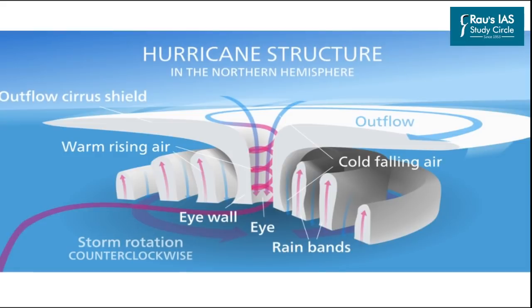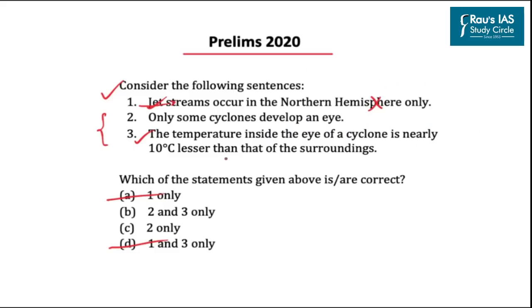And so the eye temperature may be 10 degrees Celsius warmer or even more as compared to the rest of the area of the cyclone. And so statement 3 is also incorrect, and that leaves out option B as well. Of course, we are left with C.